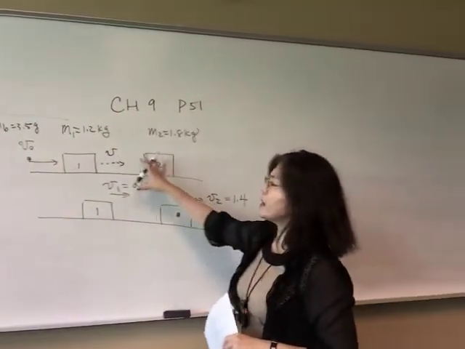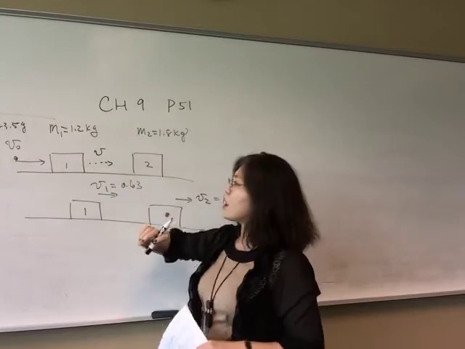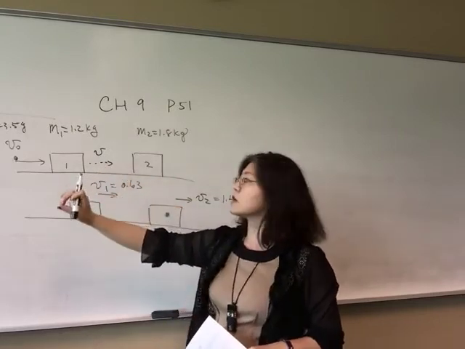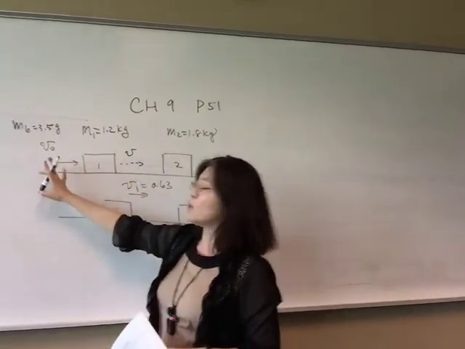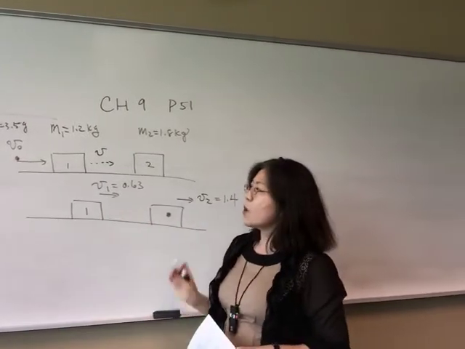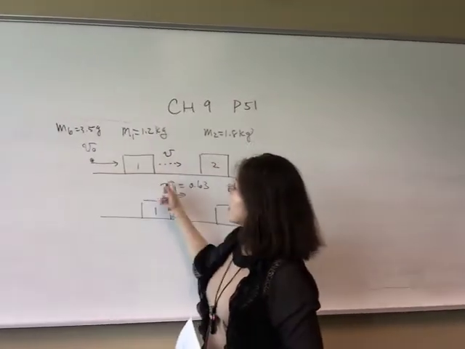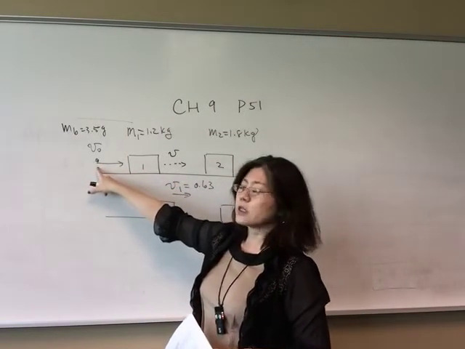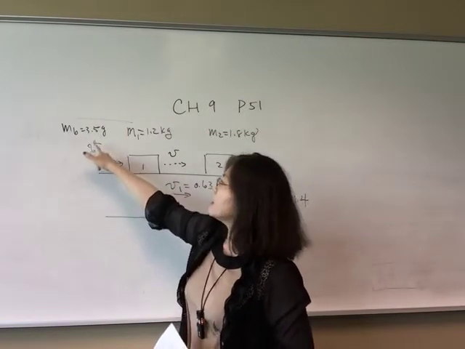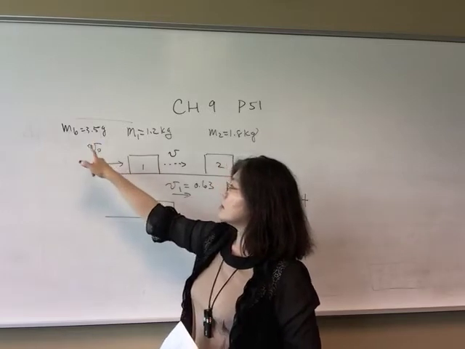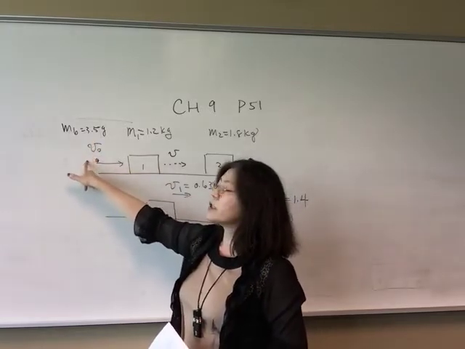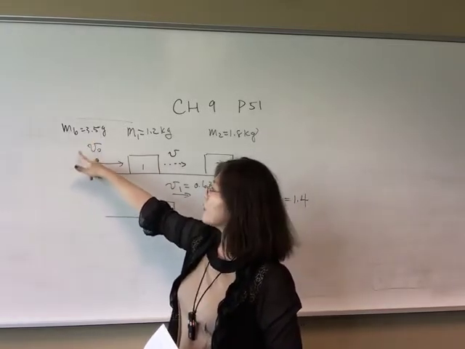This is basically an inelastic collision problem, so you don't assume that energy is conserved. What we do know is that when you have an inelastic collision, momentum has to be conserved. Based on this diagram, the bullet has an initial velocity, and so it has an initial momentum, which is the initial velocity of the bullet times the mass of the bullet.